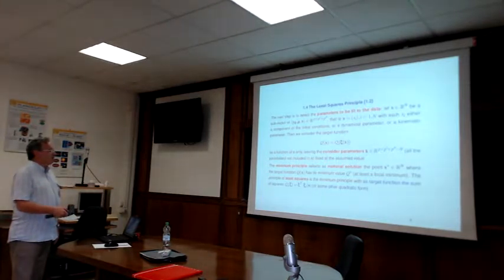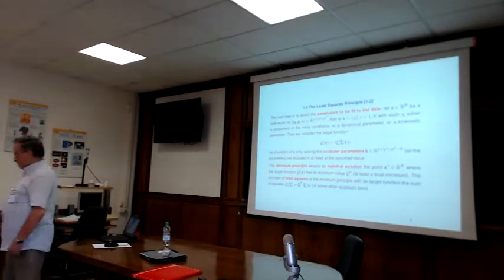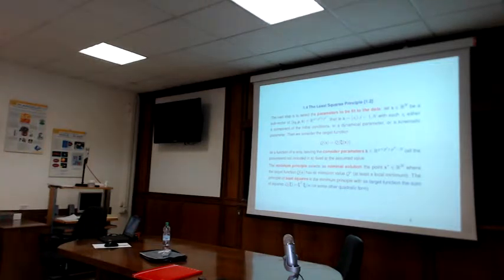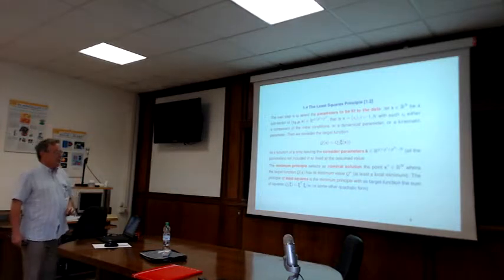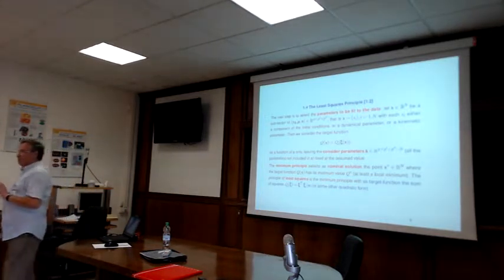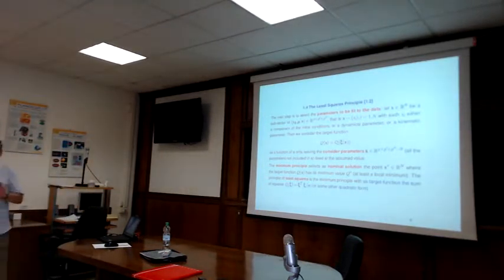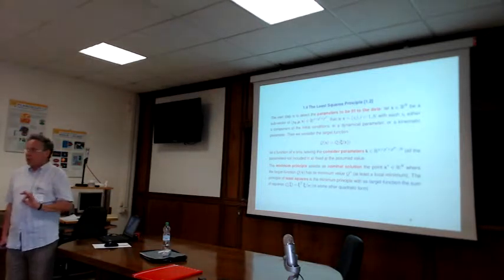At this point, the minimum principle says that, let's use this terminology, the nominal solution is the point X star in the space of parameters we have selected to adjust, where the target function has its minimum, which we will call Q star. Now, I will not dwell very much on this in these lectures, but you should not neglect the point that there could be multiple minima, and Q star could actually be a local minimum.